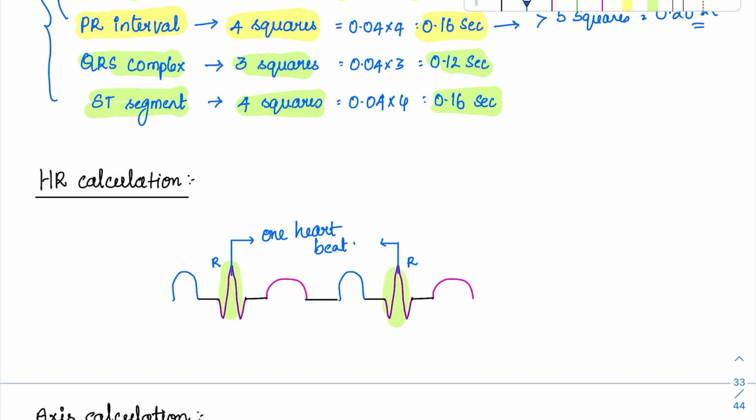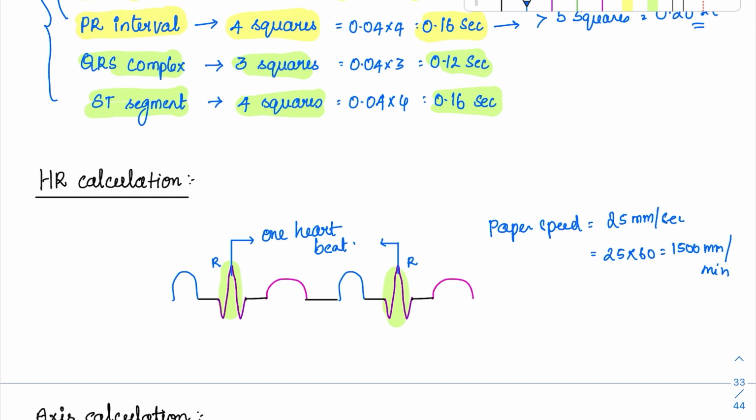So now we know the paper speed, which is 25 millimeter per second. Heart rate is calculated for 1 minute. So how much paper would have traveled in 1 minute? That is 25 into 60, which becomes 1500 millimeter per minute.